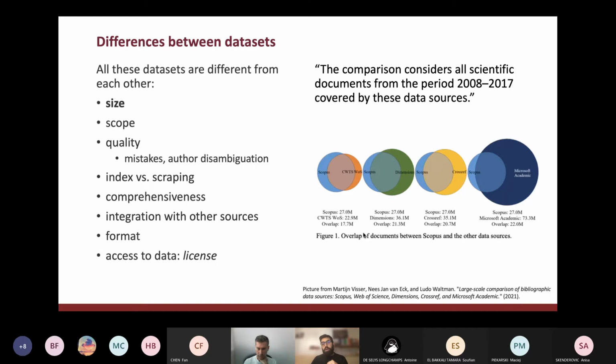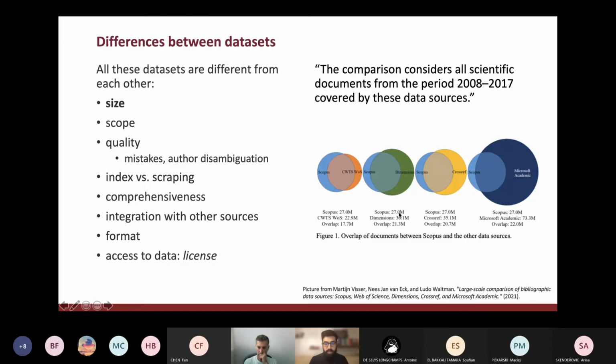For example, for Microsoft Academic Graph, in this analysis the researchers compared only 73 million documents. But I can assure you that to this date, Microsoft Academic Graph has 258 million. So we are talking about more than 3 times that amount, and you can imagine how massive that is.